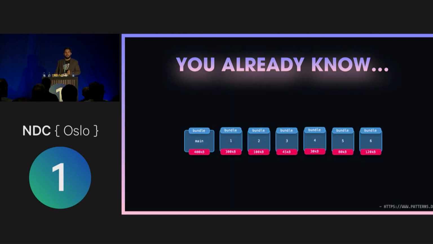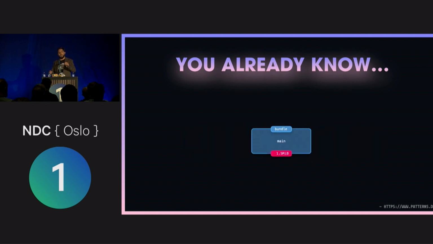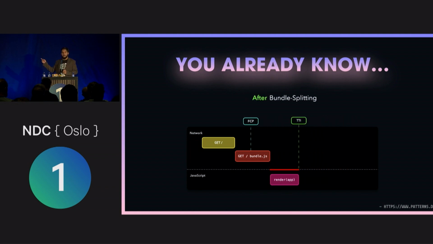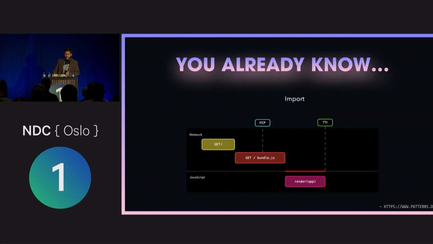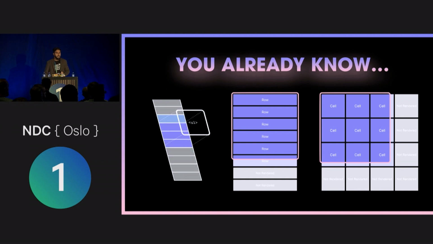We know about bundle splitting, probably. If we have a huge bundle that's going to take a lot to download and to be parsed by the VM in the browser, we can split that into smaller chunks. And then we get to something like that. If we do bundle splitting, we can also have dynamic imports and, for example, save users from downloading things in the browser that they might not end up using.